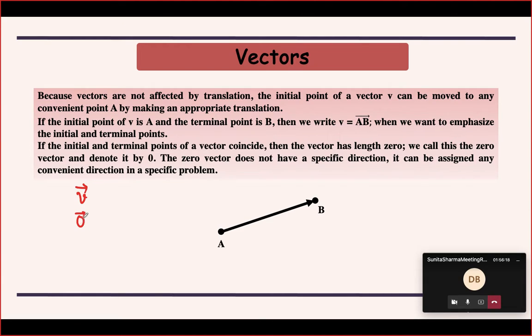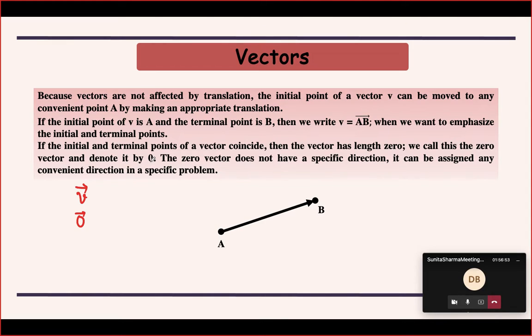Okay, and this vector is called the zero vector. So you would find either the alphabets of the vectors given in bold, or there is an arrow on top of the vector name. So this is denoting a zero vector, this is denoting vector v. Usually when we write manually, we use an arrow on top of the alphabet to denote that it is a vector, and in books you would find that vectors are denoted by bold alphabets or bold numbers.